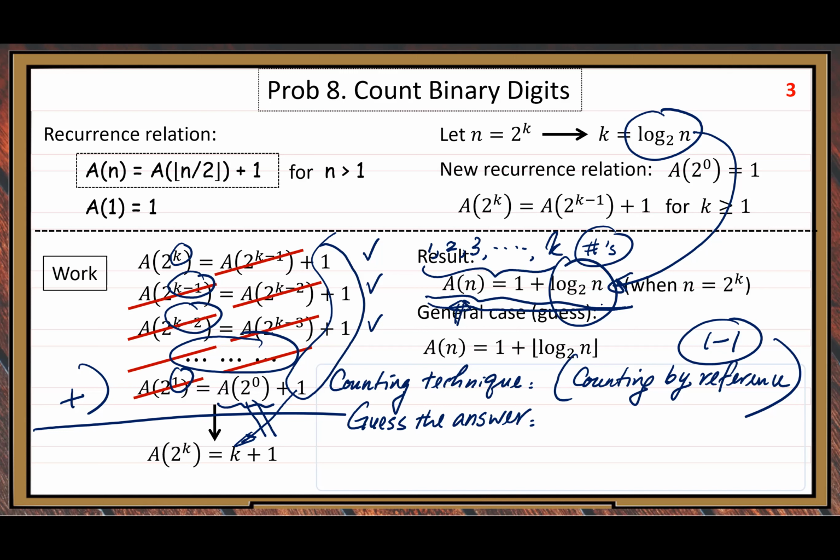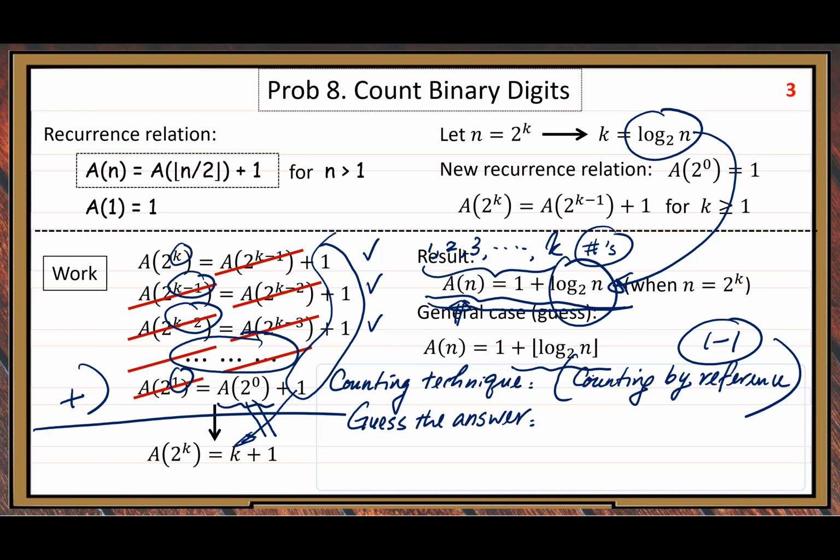The guess: use the floor function. How about that? If you put a floor function on log base 2 of n, now it becomes an integer expression, right? For any positive integer n, this is an integer expression. But we don't know if it's correct or not.